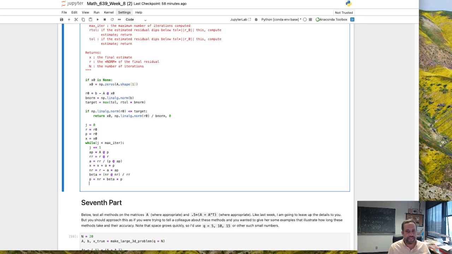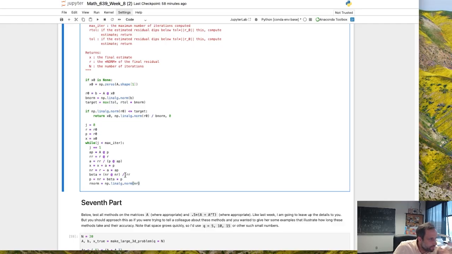Okay, so now I need to compute the norm of the new residual. If that's below our tolerance, then I'm done and I can return. Otherwise, I need to keep going. So r norm is going to be equal to np.linalg.norm of r.